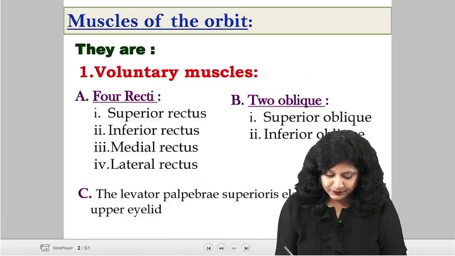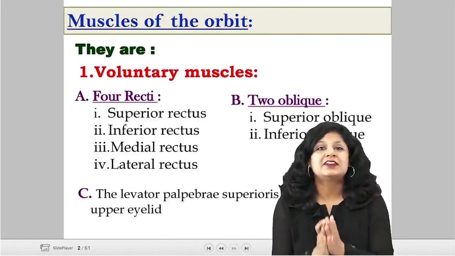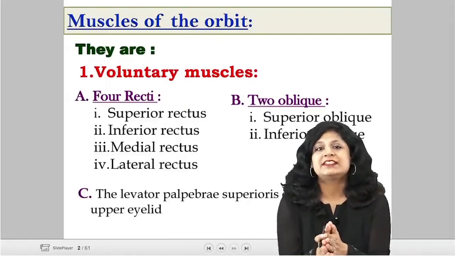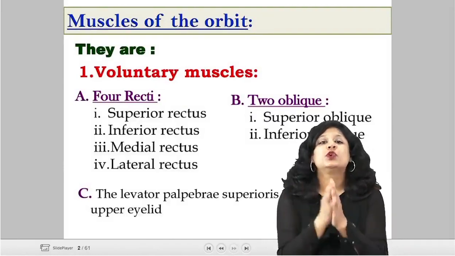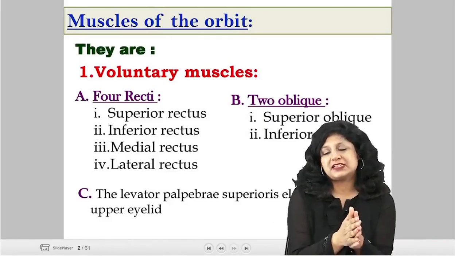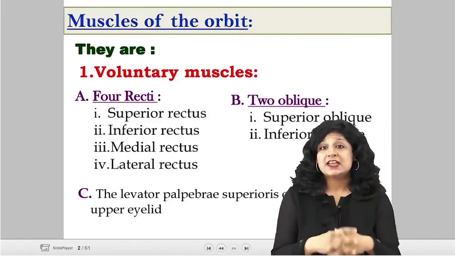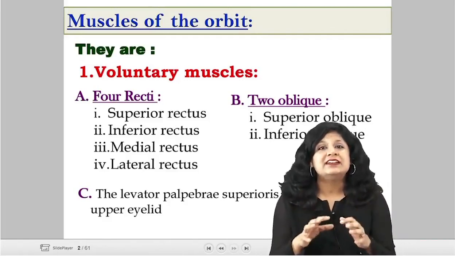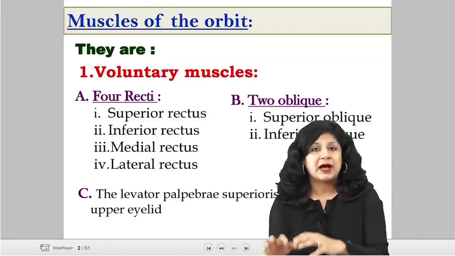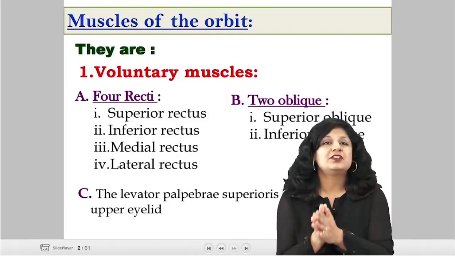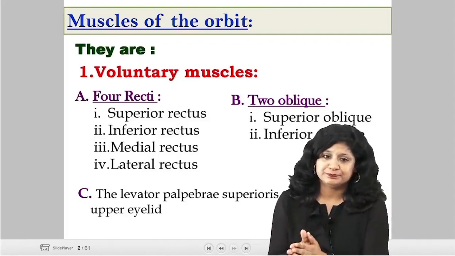So first, the muscles of the orbit can be divided into two groups, the voluntary muscles and the involuntary muscles. The muscles which are working under our will, voluntary power, and those muscles whose actions are not under our control.